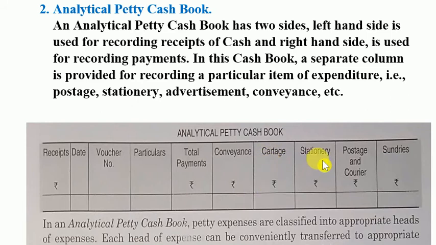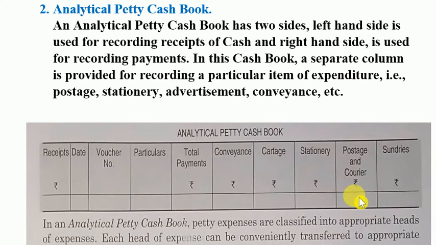The total expenses of stationery will be recorded in the stationery column, and postage and courier expenses will be recorded in the postage and courier column, through which we can identify the particular expenses and the heads of expenses with the help of the analytical cash book.